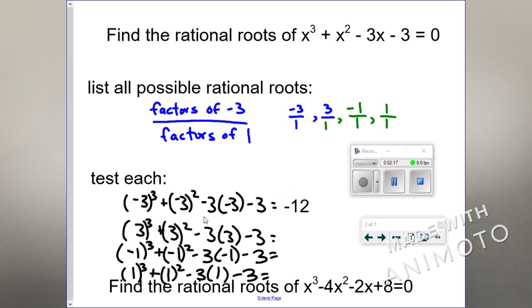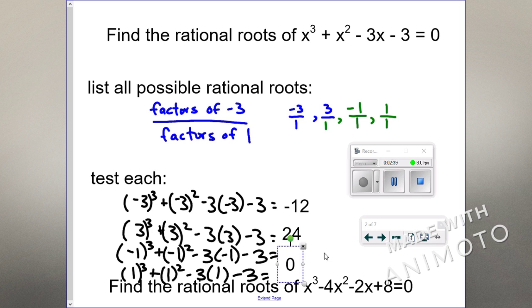3 cubed plus 3 squared minus 3 times 3 minus 3 is 24, so it doesn't equal 0. -1 cubed plus -1 squared minus 3 times -1 minus 3 is 0.